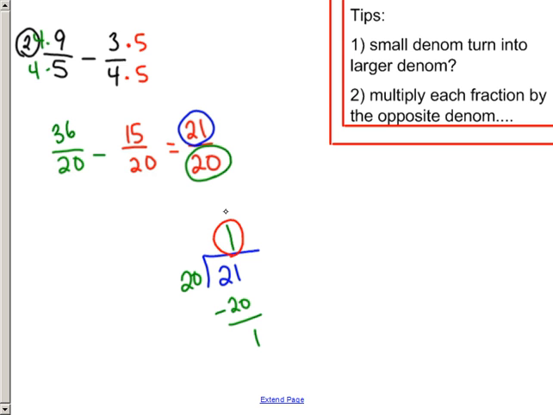Remember, this answer up here, your whole number, goes on top of the division. Whatever's left over is your new numerator, the top number of the fraction. So the whole number will be 1, the new numerator will be 1, and you keep your same denominator. It'd be 1 and 1/20th.